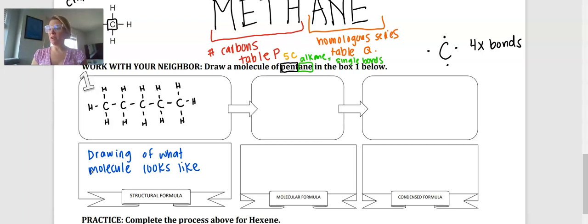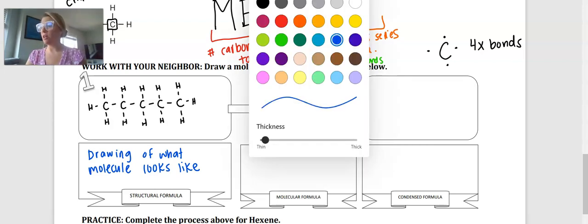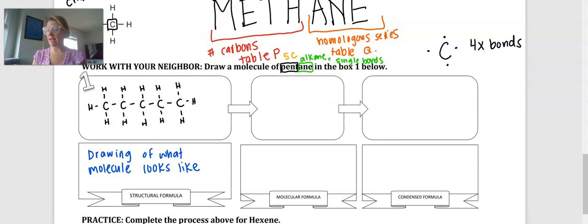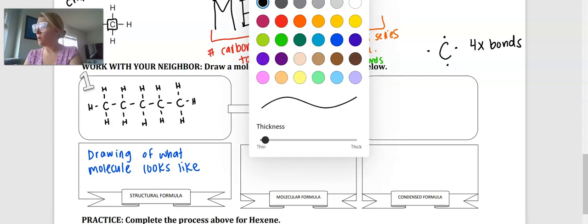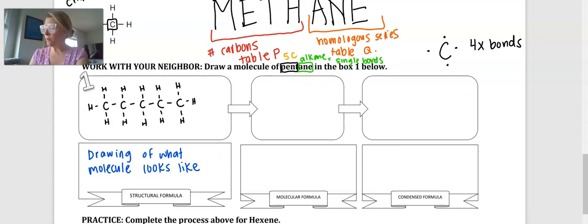What I want to go to from there is our molecular formula. This is something that we've been practicing with already. Our molecular formula is the formula that tells us the total number of carbons and total number of hydrogens in our molecule. We can do this two ways.